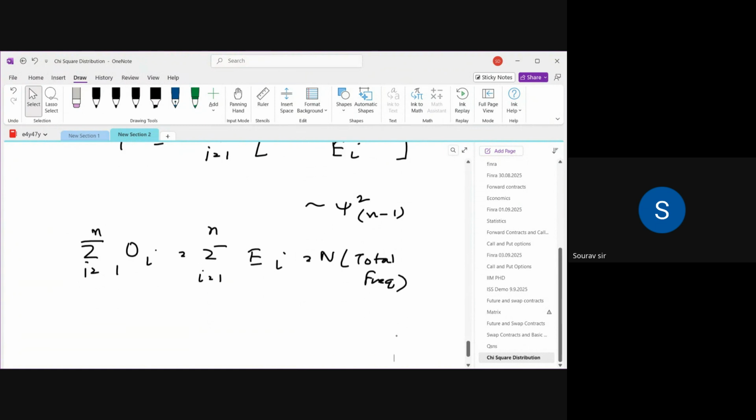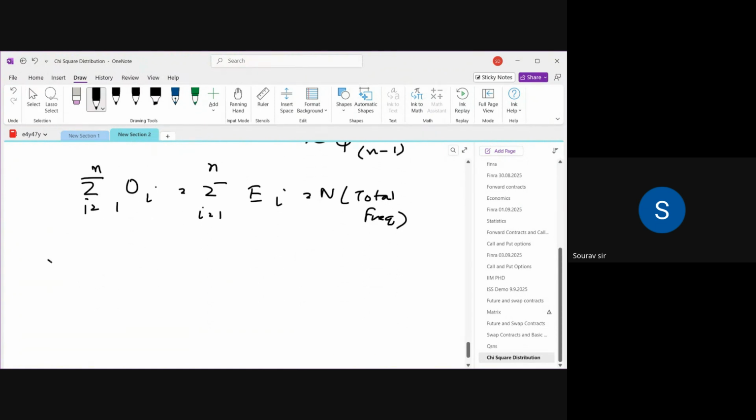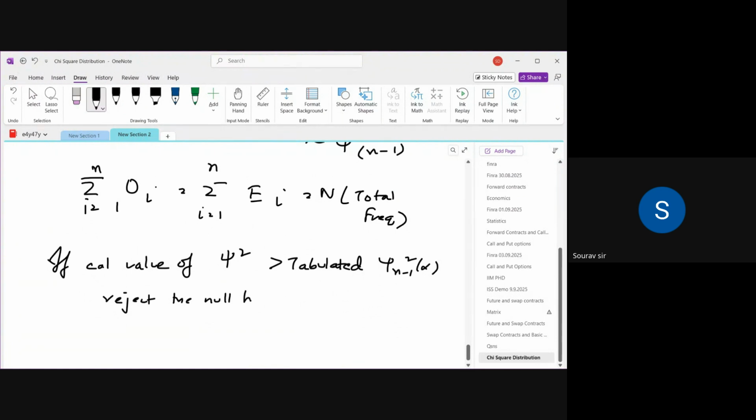Now, if the calculated value of chi-square is greater than the tabulated value for n minus 1 degrees of freedom, then we reject the null hypothesis at alpha level of significance. Otherwise, it may be accepted, if we cannot reject.